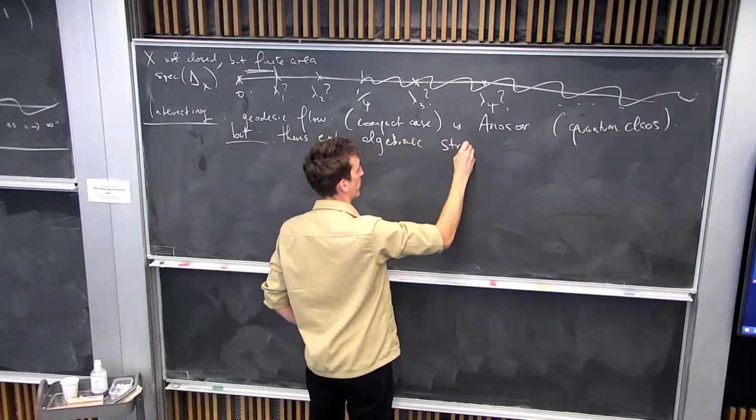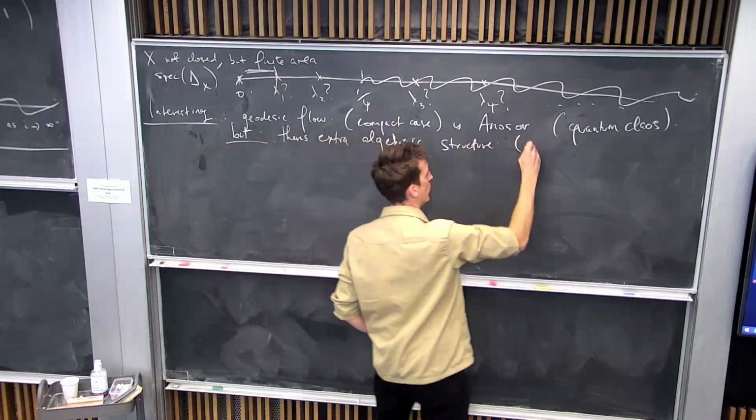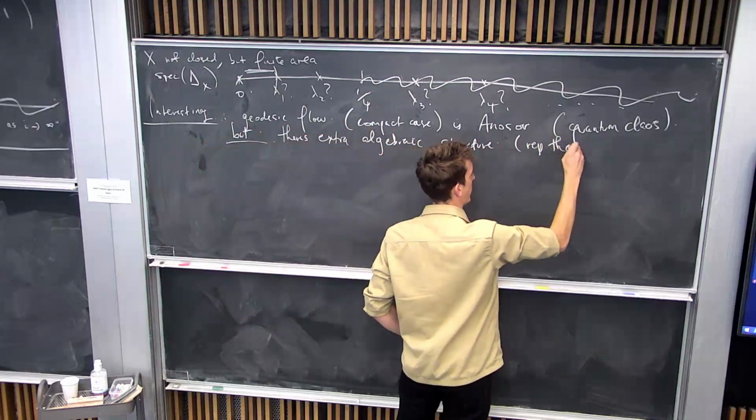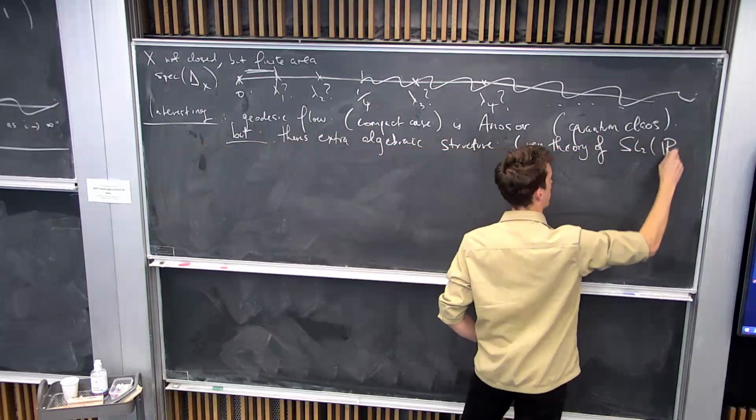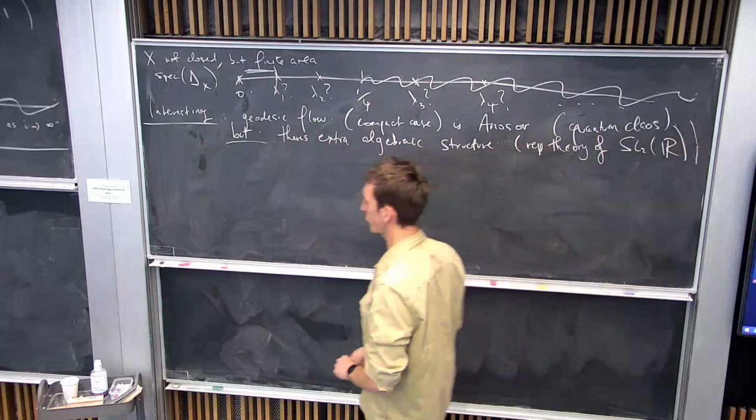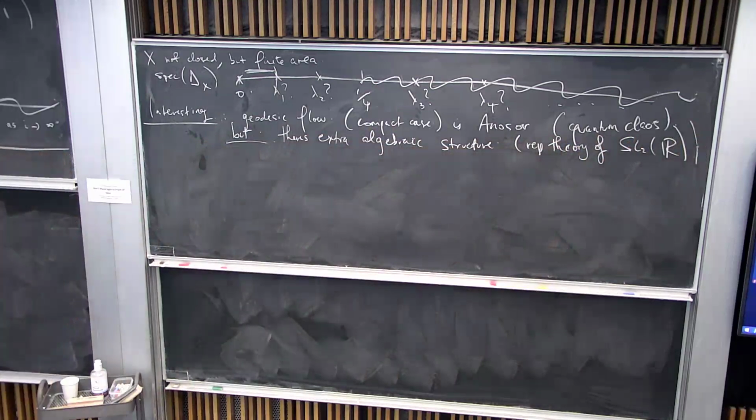It comes in the form of representation theory. The representation theory of SL2(R) is in the background. It's just motivational, it has nothing to do with the rest of the talk.